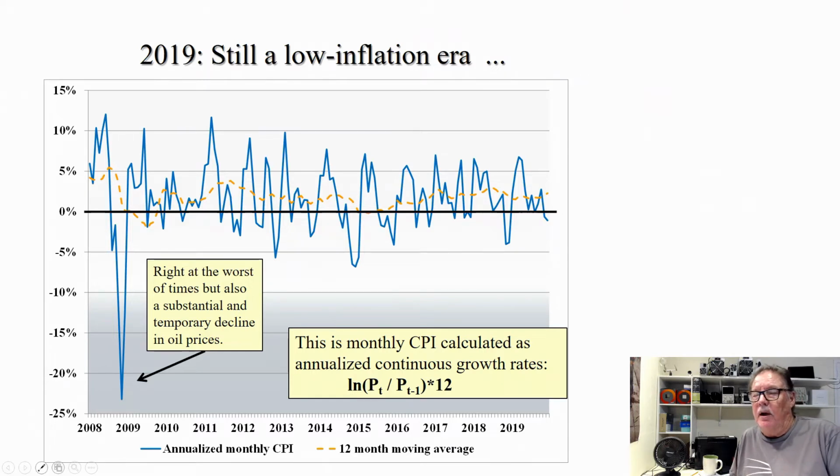Of course, it would be high if you're taking monthly annualized numbers. And the reason I did this is to show you that there was a period between 2008 and 2009 where the monthly numbers for the inflation rate actually came down to minus 20%.